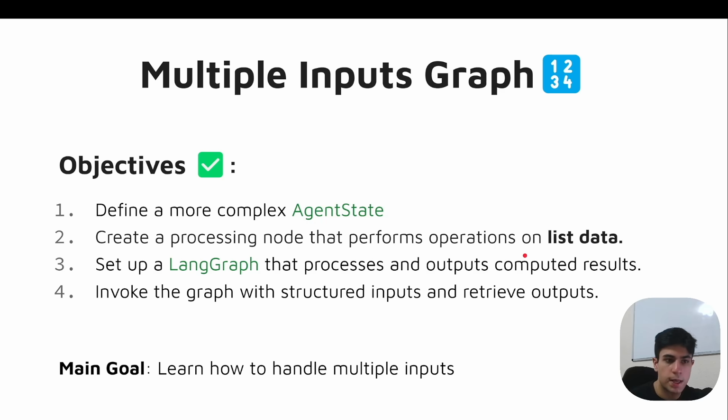So now we're about to see how we can work with different data types apart from just string. We're going to set up the entire graph that processes and computes these results, and invoke the graph with structured inputs and retrieve the outputs. But the main goal I want you to learn in this subsection is how to handle multiple inputs. All right? Okay, let's code this.